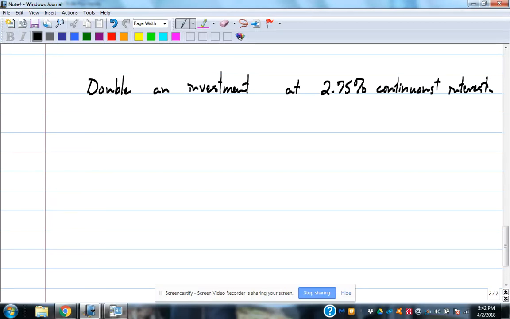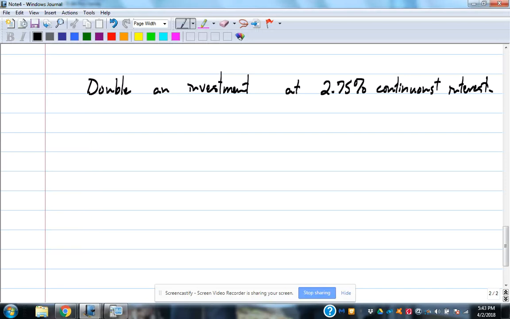Okay, if you're going to double an investment, does it matter how much your investment is? Mathematically, it takes me the exact same amount of time to double $1 as it does to double $1,000. The time does not change. Doubling the investment doesn't matter how much your original investment was.